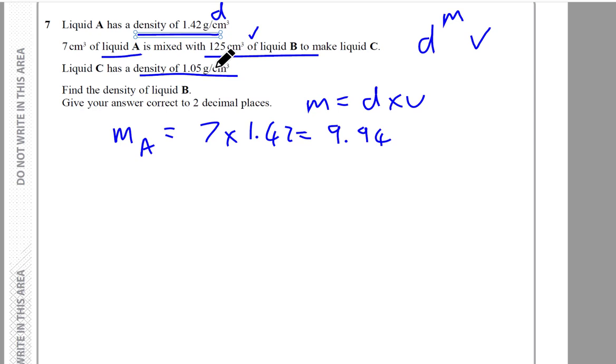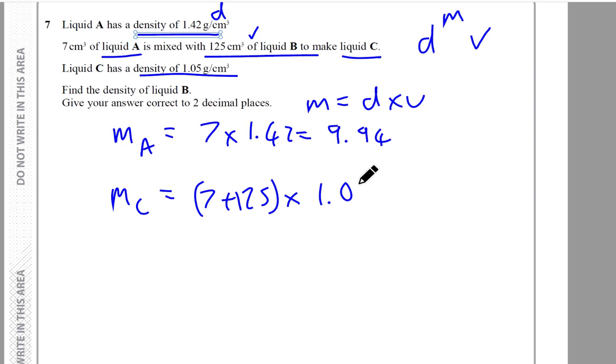So that's 128, right? When A and B are mixed together makes C. So let's say the mass of C equals, and it's got this density. So let's see the volume of AB together, which is C. That's 7 add 125. I've got the density there, times 1.05 equals 138.6.